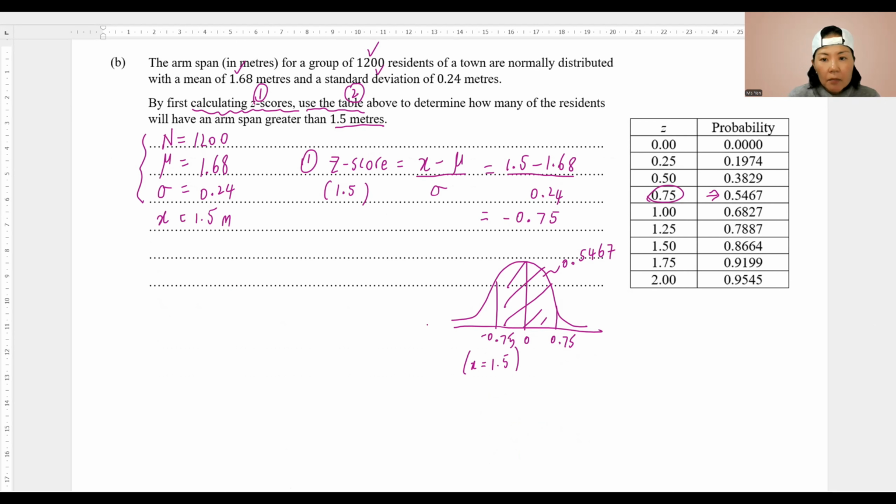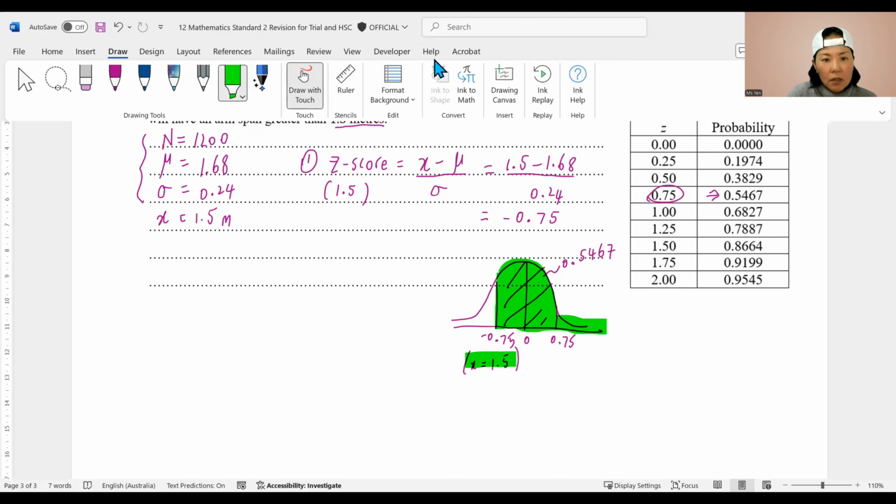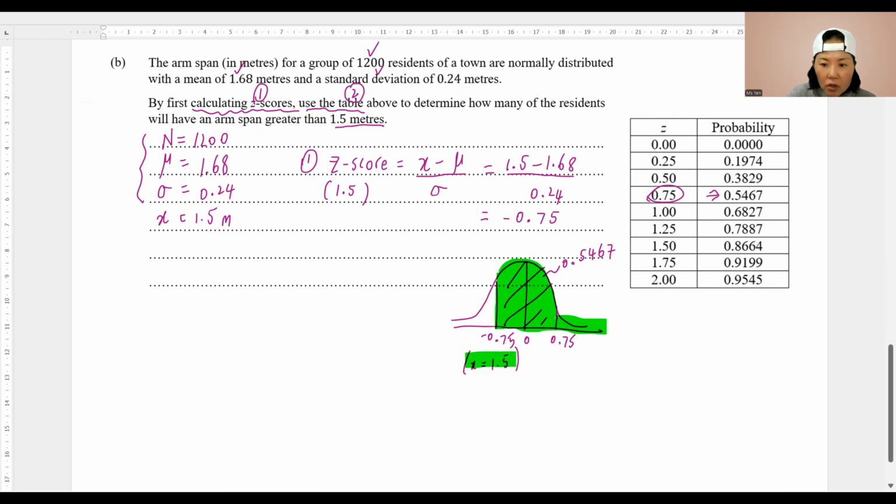So to find how many residents will have an arm span greater than 1.5 meters, we need to find the probability that is bigger than negative 0.75, which is from here all the way to here. So that's when x equals 1.5. We want to know all the way from minus 0.75 in z-score to the end. Now we got the area for up to here, that's 0.5467.